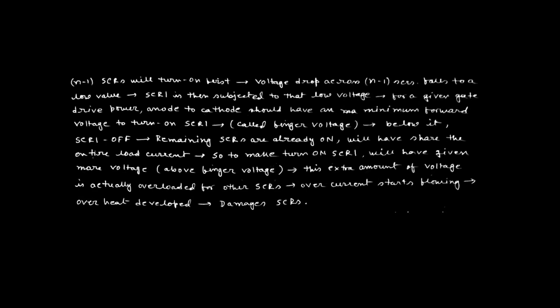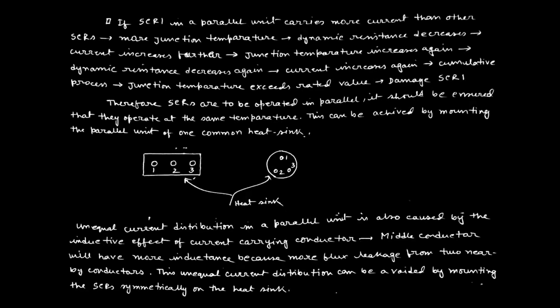To be more precise, if SCR1 is a parallel unit of the particular string, the junction temperature in the first SCR can increase, which decreases its dynamic resistance and increases the current.